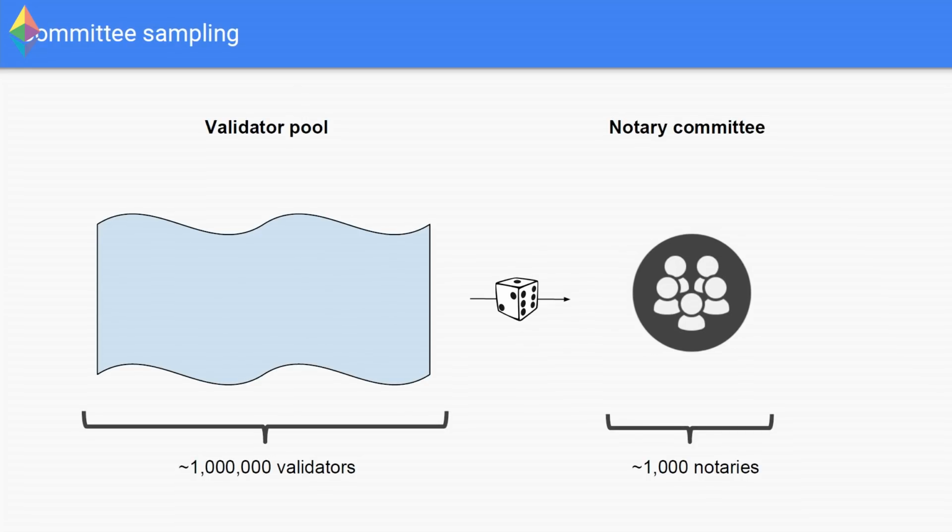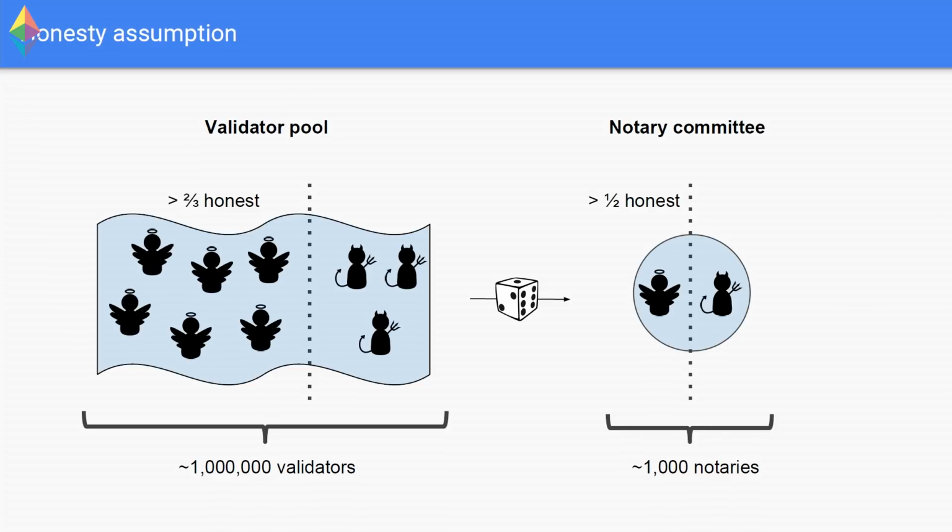And so what we're going to do is take the whole validator pool, which can be extremely large. It can have millions of validators. And we're going to select randomly a relatively small committee of size 1,000. And we're going to call this committee a committee of notaries. One of the assumptions that we're making when we design the system is that in the validator pool as a whole, at least 2/3 of the validators are honest, so they're the angels.